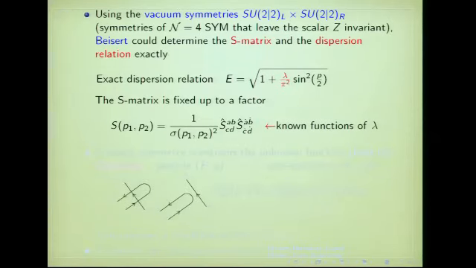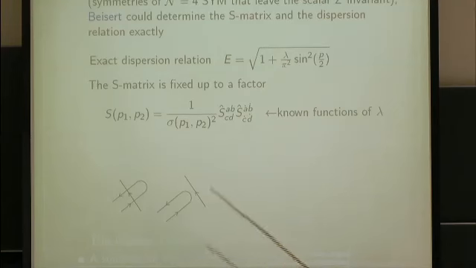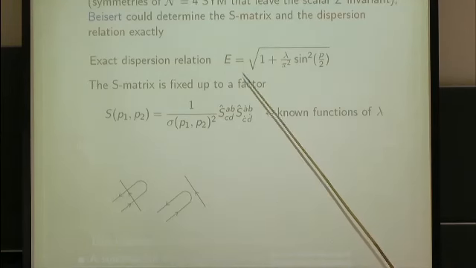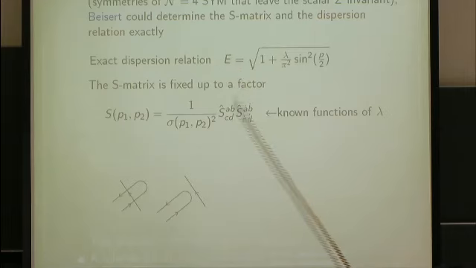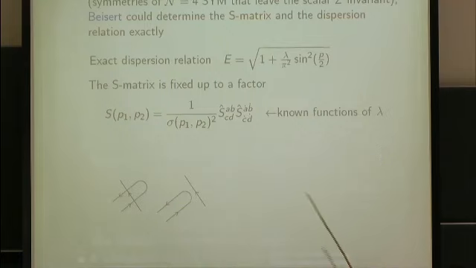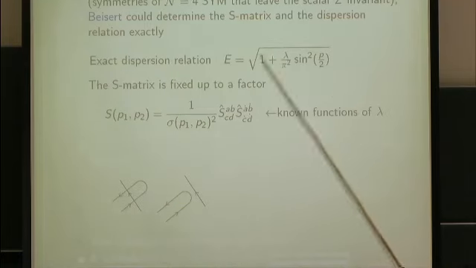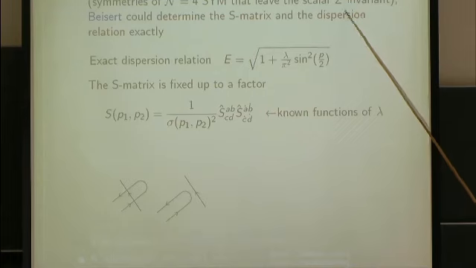Well, it all comes from an idea, I think by Beisert, 2005, just using some symmetry arguments. These are the symmetries of the vacuum state when you have only Z fields with no impurities. Those are the symmetry transformations that leave the single scalar invariant.